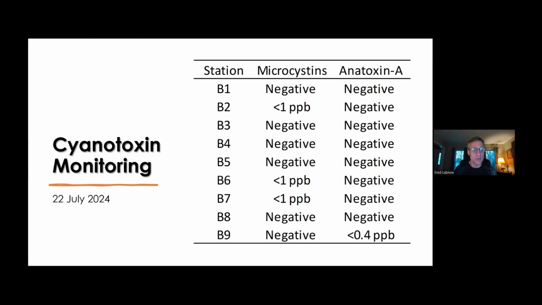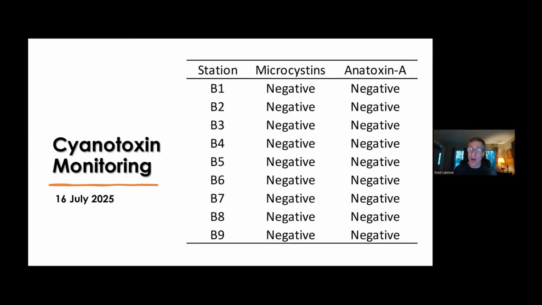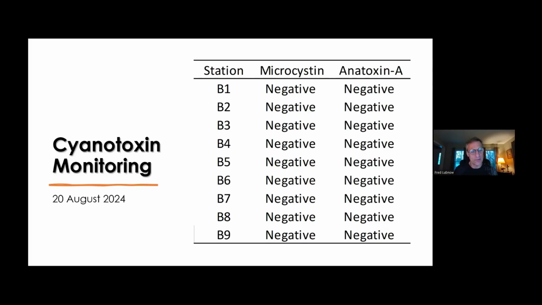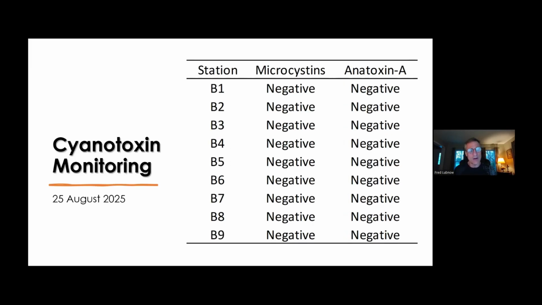But I'm showing you the 2024 data because when you look at 2025 in July, they were all negative, which is good. When we look at August, here are the data from August of 2024 and August of 2025. So again, negative. And we typically monitor for these at the height of the summer season.